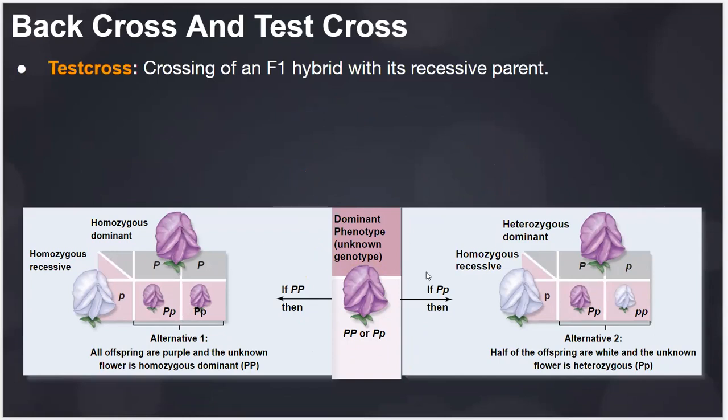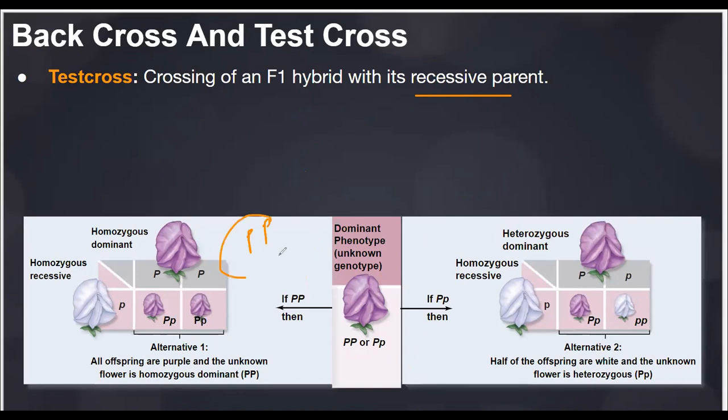So what will you do in the test cross? Crossing the F1 hybrid, that is what you got in the F1, you will take that and cross it with its recessive parent. What is a recessive parent? Two small p. You will take the parent plant which has the recessive trait, that is a white flower, two small p.